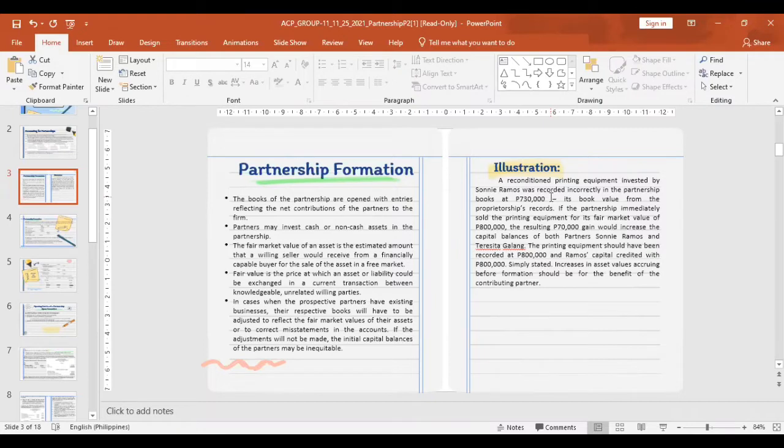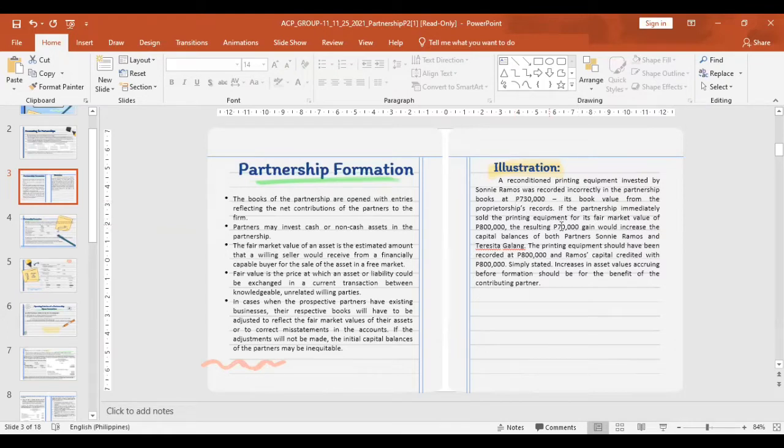So, binenta nila yung printing equipment na naka-record as 730, binenta nila ng 800,000 kasi yun yung market value ng printing equipment. So, meron silang gain na 70,000. Yun nga lang, nagkamali sila ng record dun sa libro, aside dun sa equipment ni Sonny Ramos.